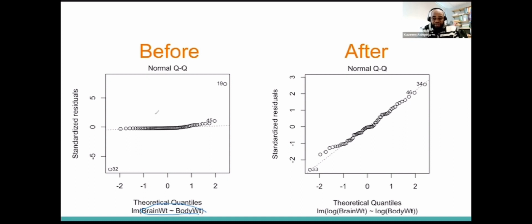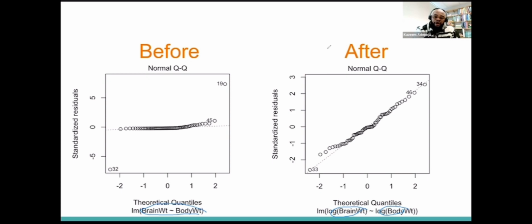As you can see here, the assumption of normality is violated. And after I take a logarithmic transformation of the two variables and generate my normal QQ plot, you can see now, this is basically looking good. Okay, so take a look at that.